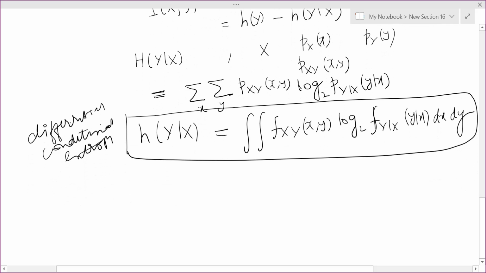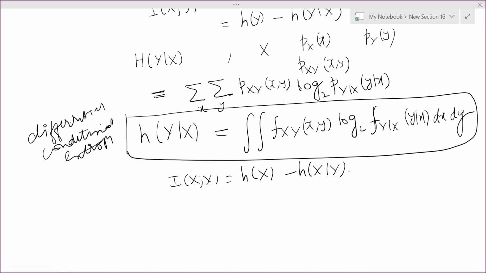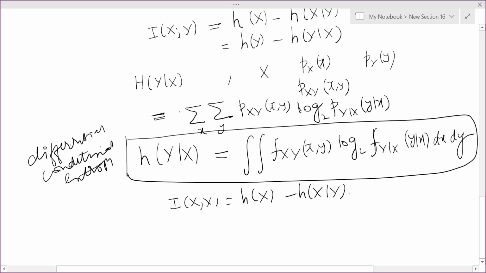So far so good. And you know that we can also write I(X;Y) as h(X) minus h(X given Y). Yes, there is a minus here, sorry.